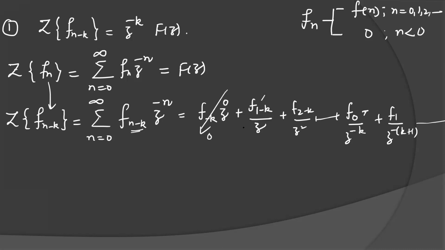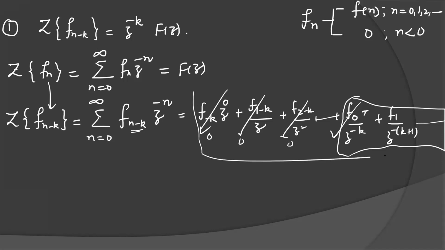So these terms are going to be 0. From this term onwards, your sequence will be valid. I'm not going to confuse you much. Think wisely. If you put n equal to k, then only f0 will come, and the Z transform is valid for f0 onwards.